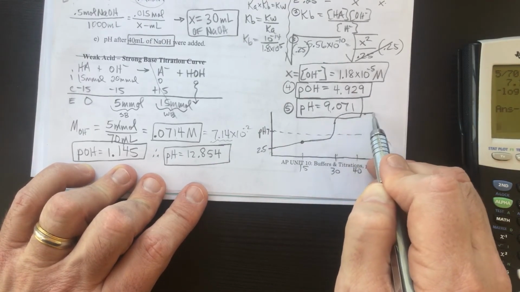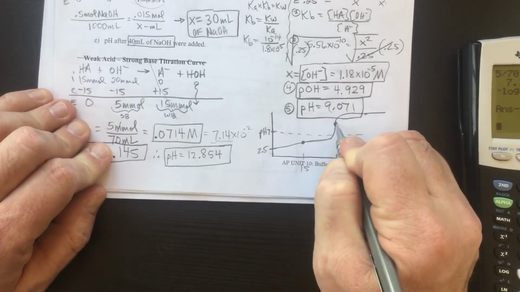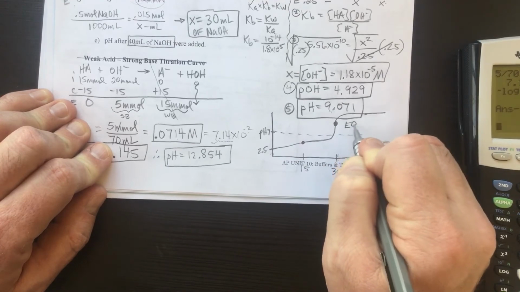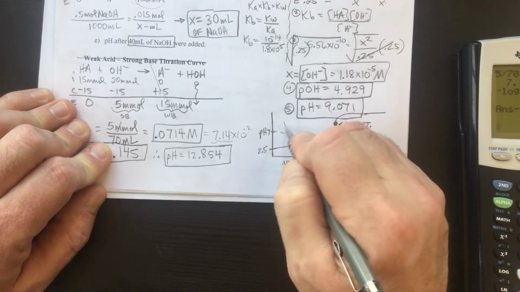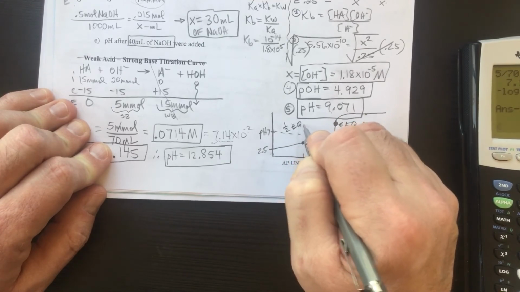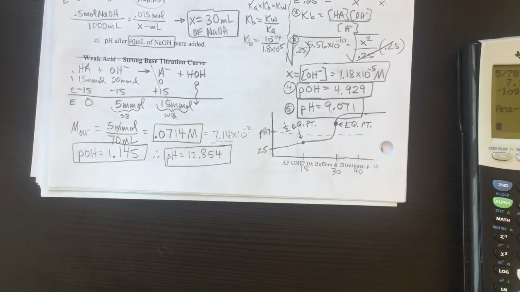And we end up with a curve that looks like so, where the equivalence point is here. We'll label that. And the half equivalence point is here. Those are two very important aspects of a titration curve, very useful aspects of a titration curve. So make sure you know where those are.